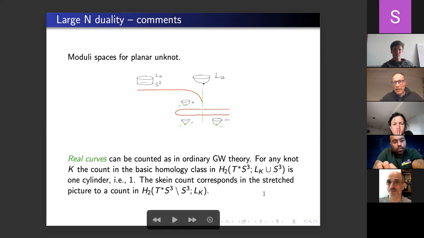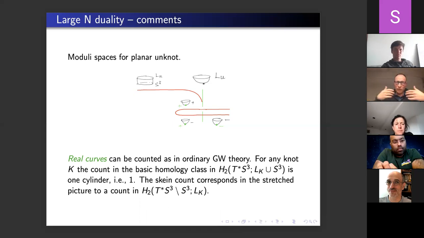But if we do the Skein count, then it's more like counting the curves, which is an impossible task because they end on S3, right? It's more like counting the curves in the complement of S3. And that's not so easy to make sense of from a perturbative point of view. In this case, it works because the curves are shifted off the conormal.